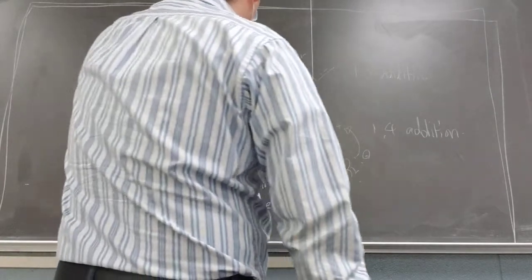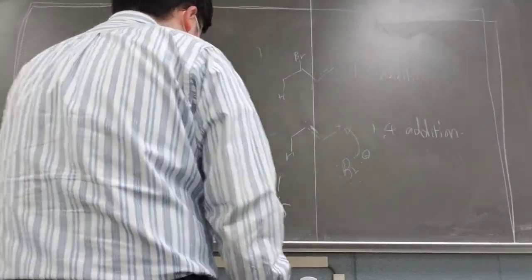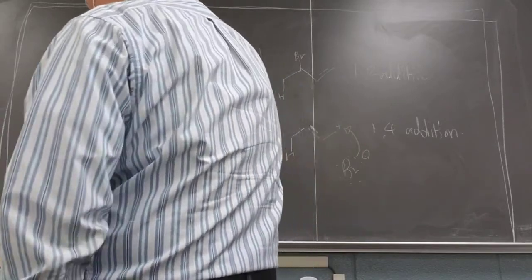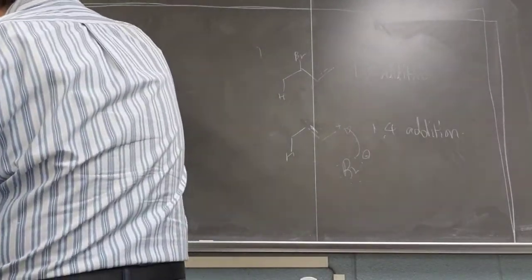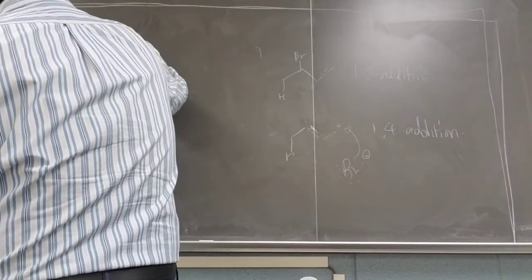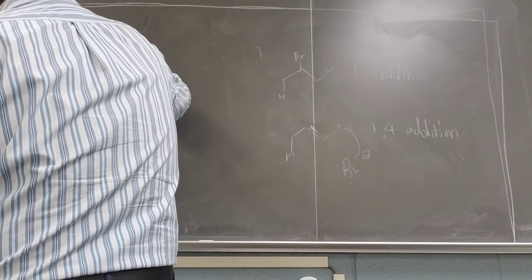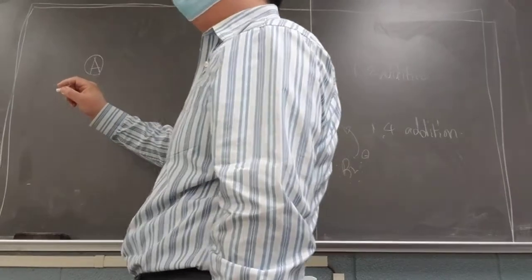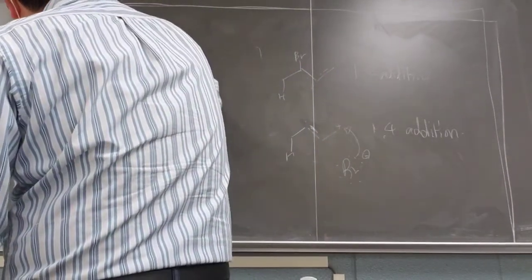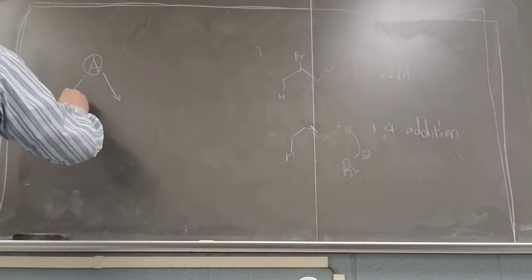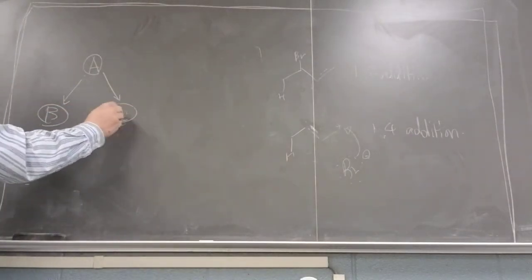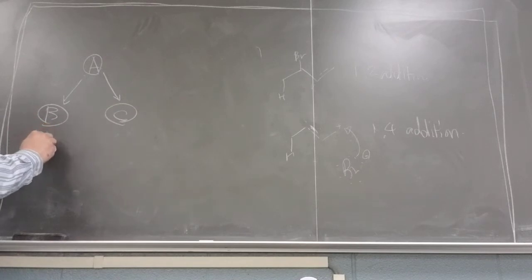Okay. That's why. So let's try to say this one. Okay. This is your reactant over here, and then B is your maybe kinetic control or kinetic products.